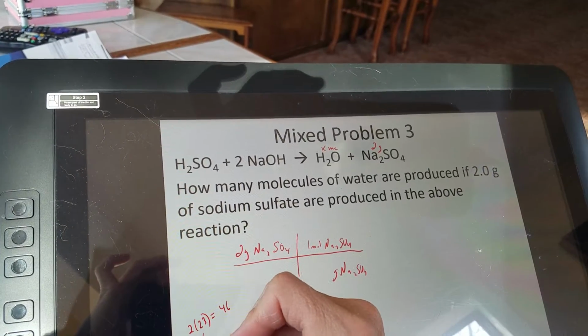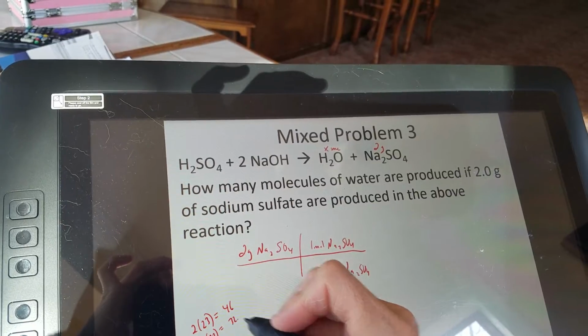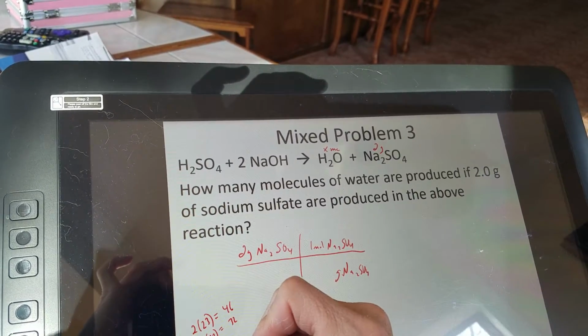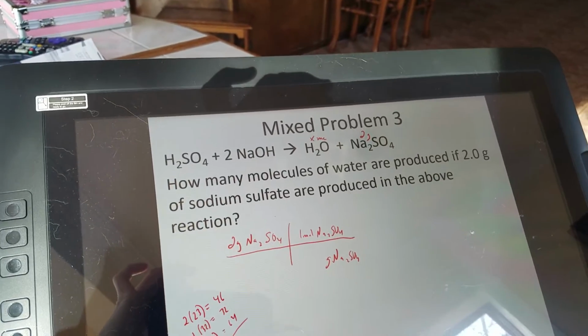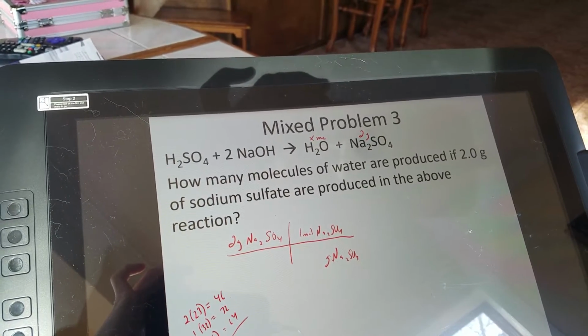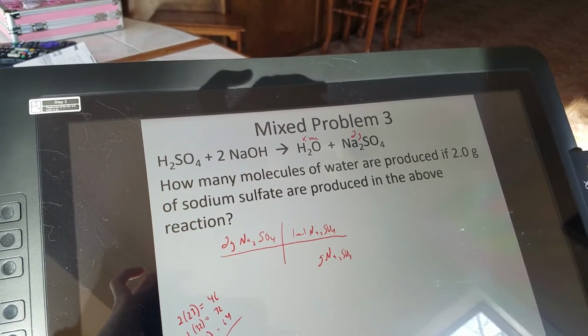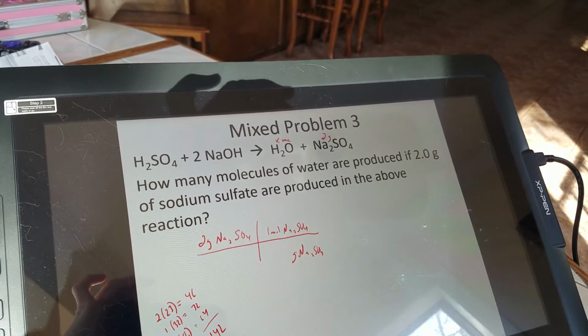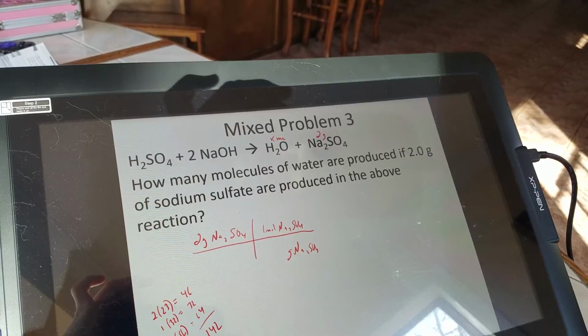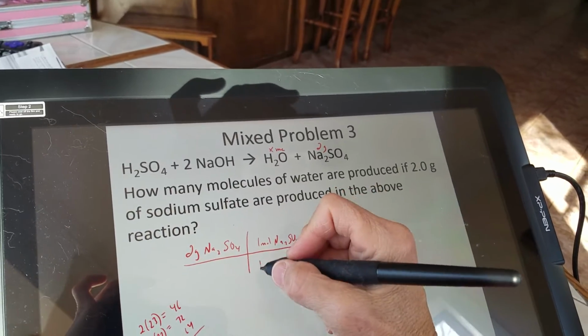We have 4 oxygens, each is 16, which is 64. So 46 plus 32 plus 64, I'm getting 142. Make sure I did that right. 46 plus 32, 64. All right, that goes here. Grams of this will cancel.